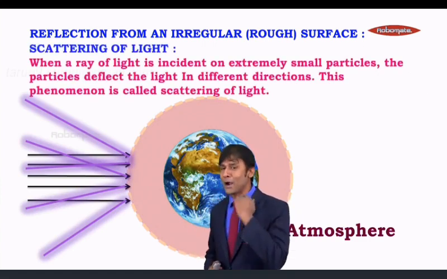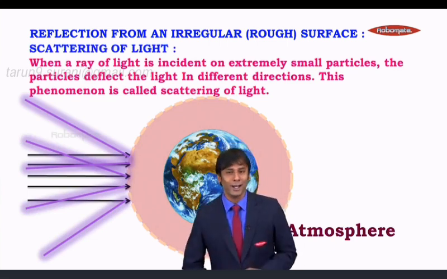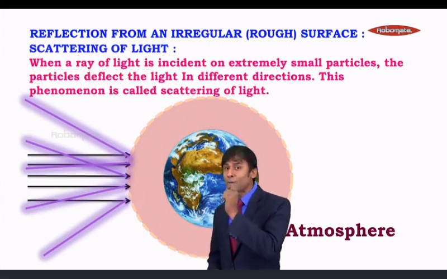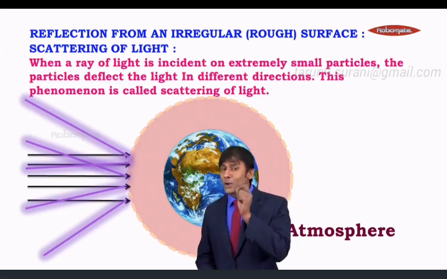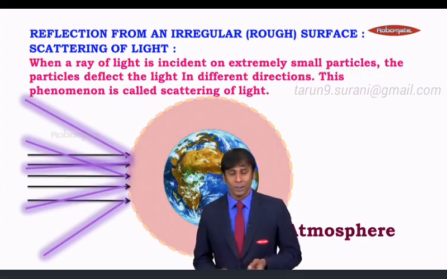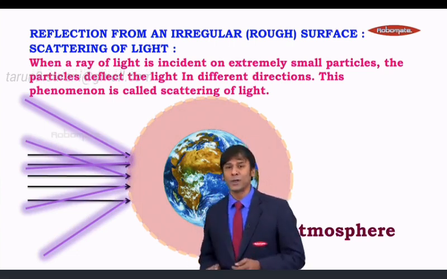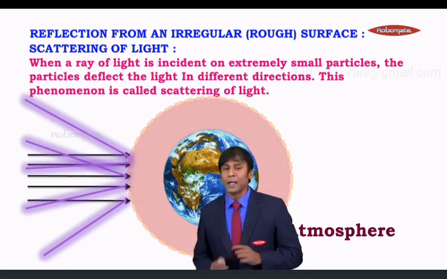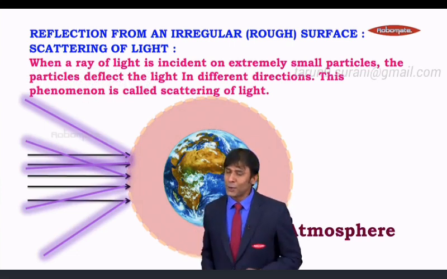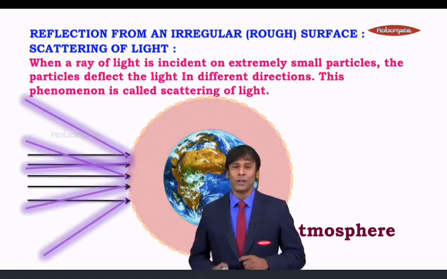So now we have understood the definition. Let's see the definition again. The definition says when a ray of light is incident on extremely small particles, here in this particular case dust particles and smoke surrounding the Earth's atmosphere, the particles deflect the light in different directions, and this phenomenon is called scattering of light.